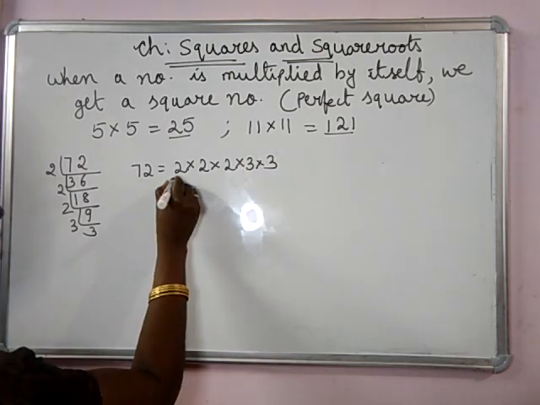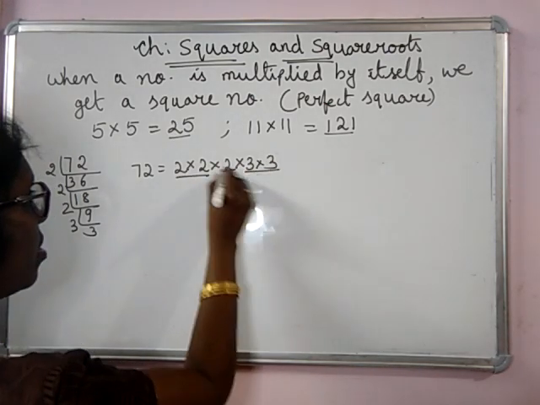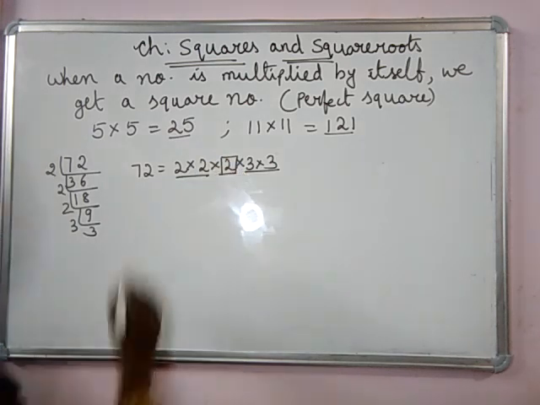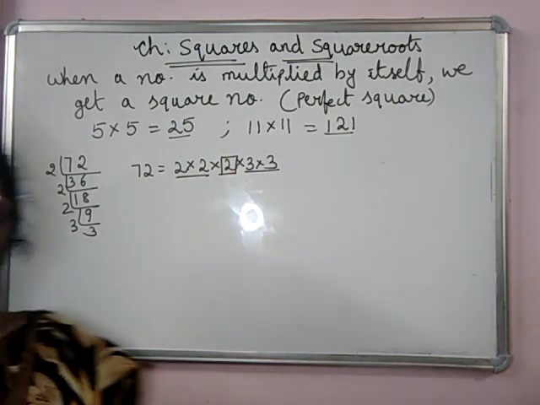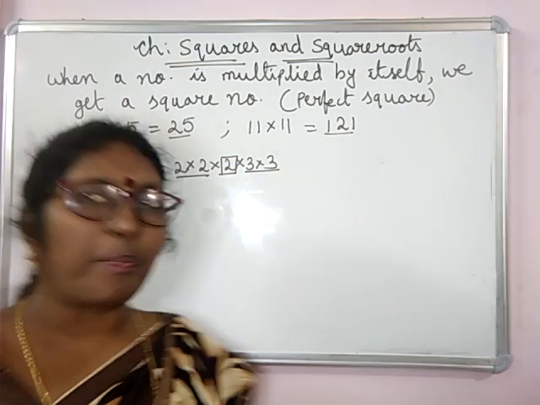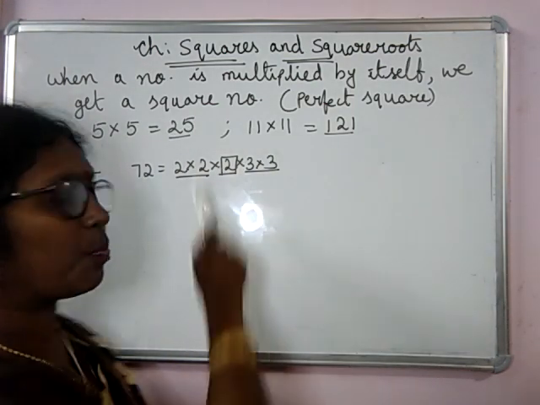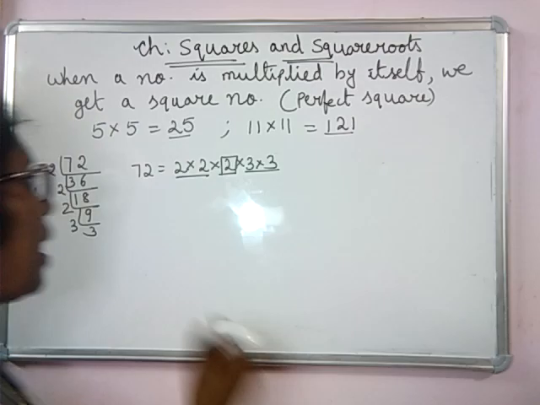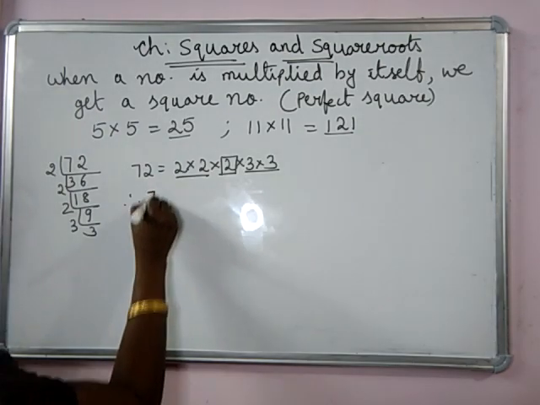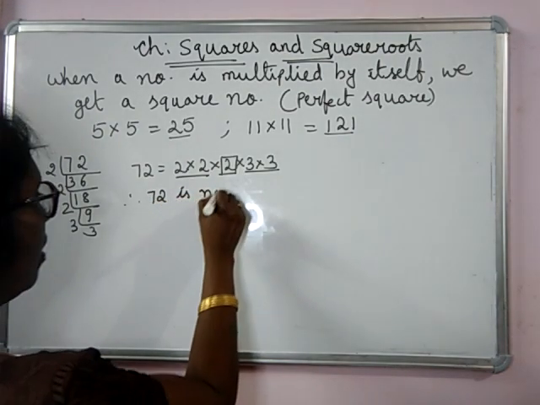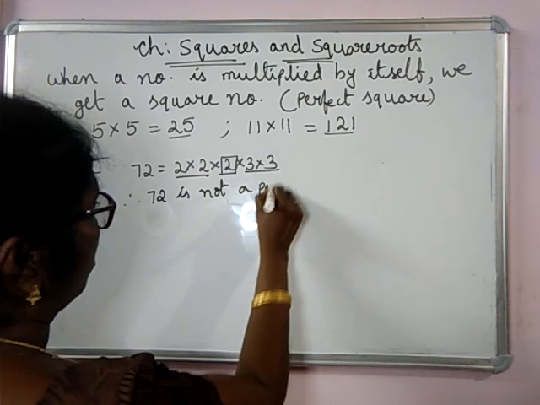So 72 has 2 2s, 2 3s, but one 2 extra. So it has not got pairs of identical factors. These two pairs are there, but one more extra 2 is there. That's why 72 is not a perfect square. Okay?